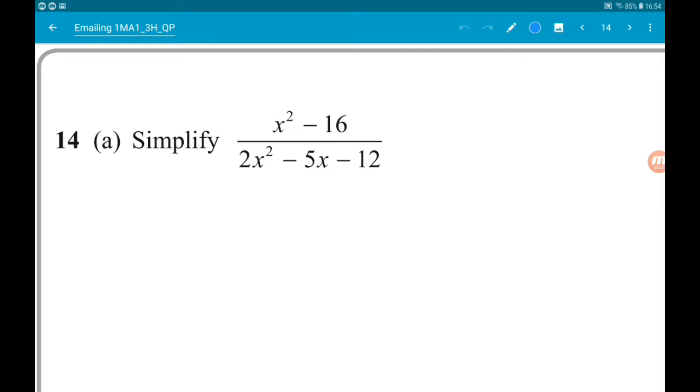So, often one of either the top or bottom is easier to factorise than the other. So here it's the top. X squared minus 16 is a difference of two squares, and it factorises to x plus 4 times x minus 4.